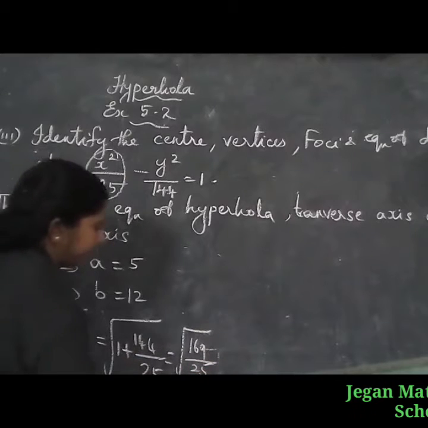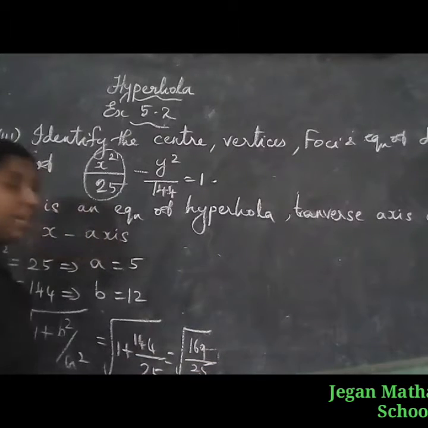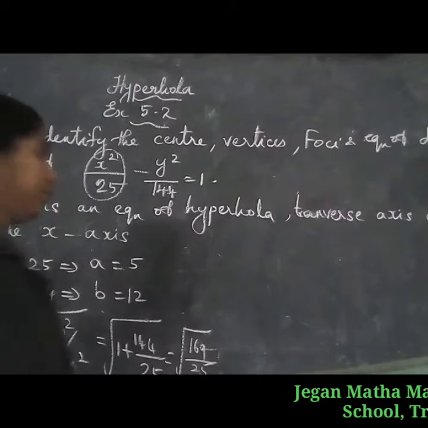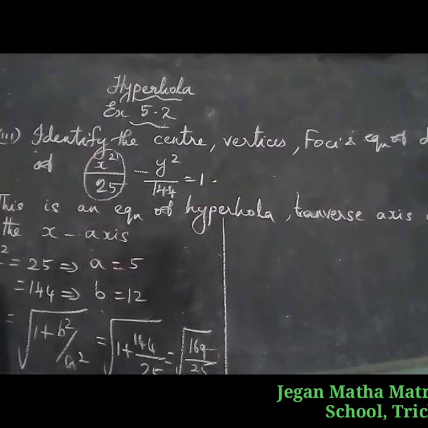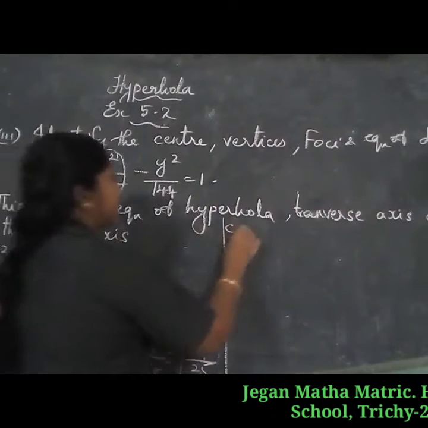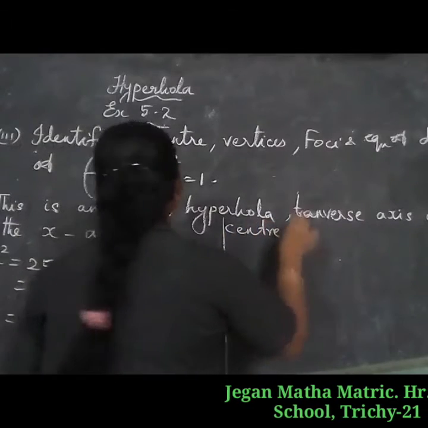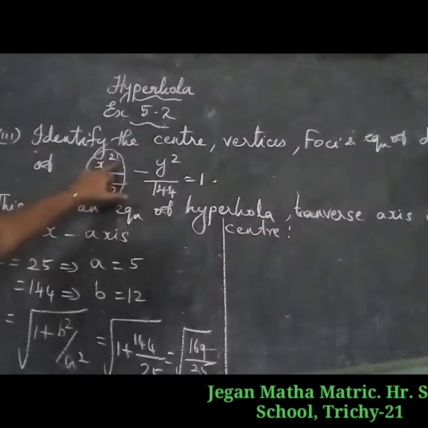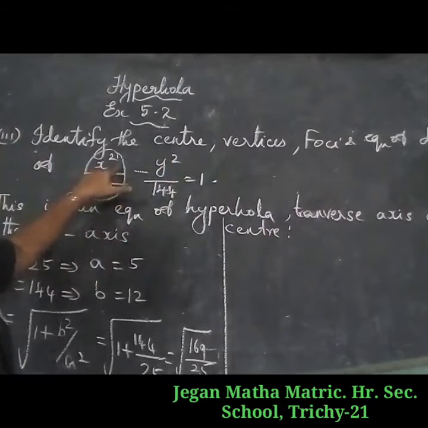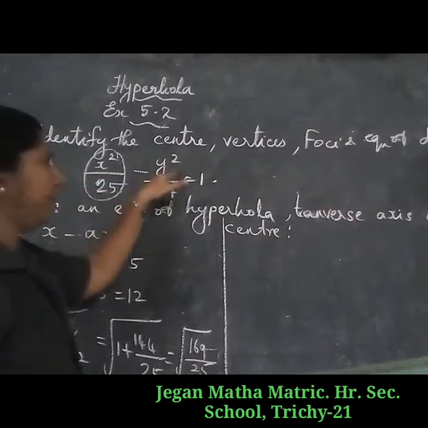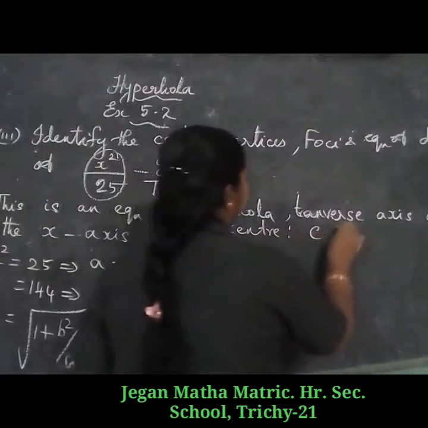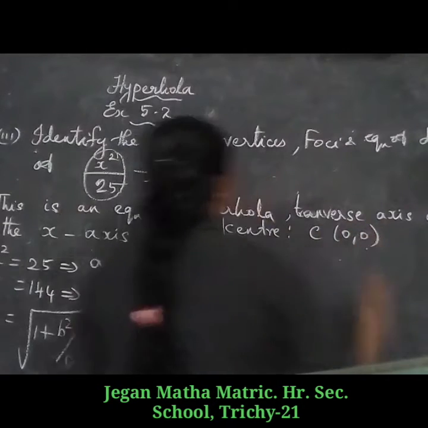Therefore, eccentricity is equal to 13 by 5. Now, with the values of a and e, we can identify first the center. From the equation itself, we can see there is no h and no k. This can be written as x minus 0 the whole square by 25 minus y minus 0 the whole square by 144. Therefore, automatically the center is 0, 0.